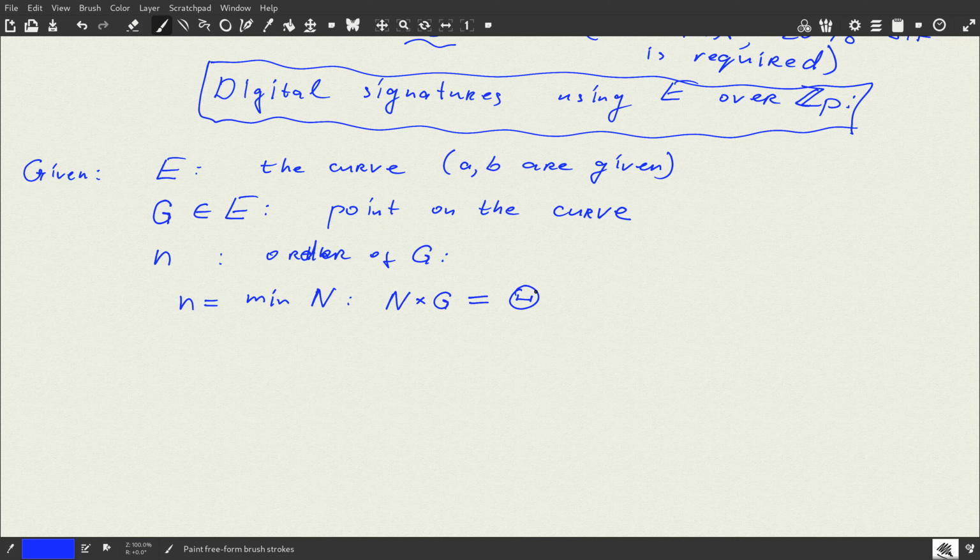Well, why does such an n exist in the first place? Because we have, in that case, a finite number of points. So these points form a group, as we have already seen.